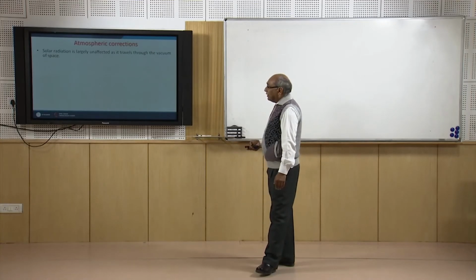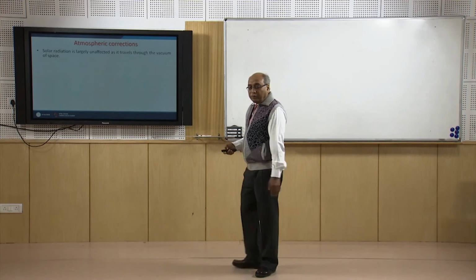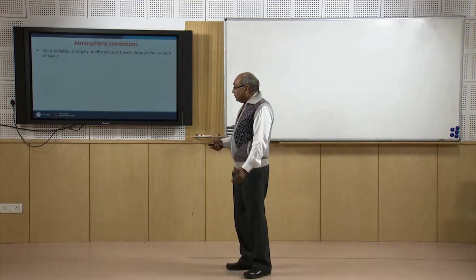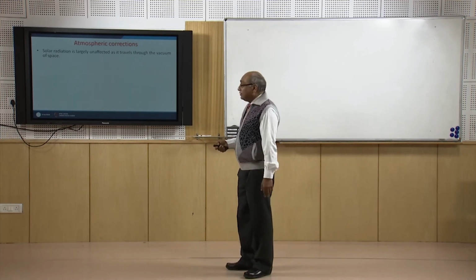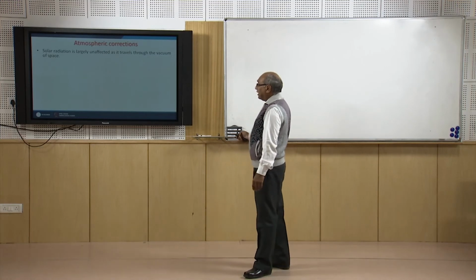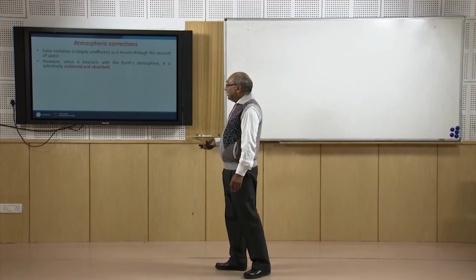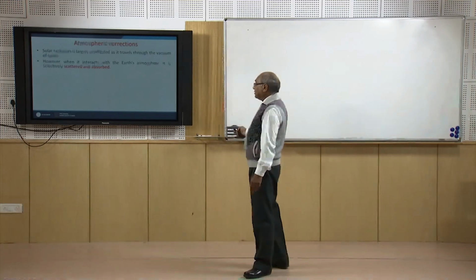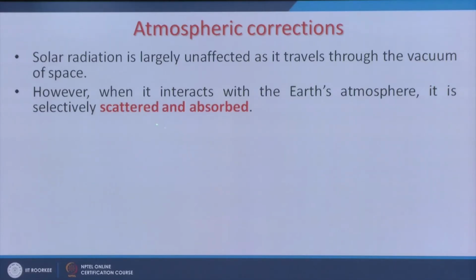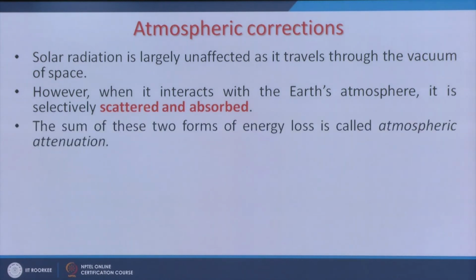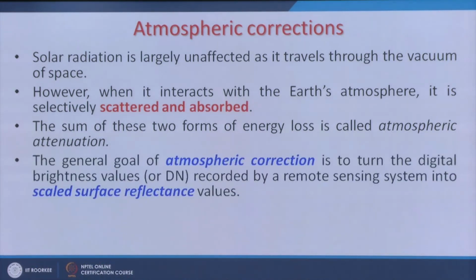Now atmospheric corrections, which require a lot of input, these distortions might come from various reasons. So solar radiation is largely unaffected as it travels through the vacuum of space. However, when it interacts with the Earth's atmosphere, it is selectively scattered and absorbed, and the sum of these two forms of energy loss is called atmospheric attenuation, and this introduces the distortions in your image.